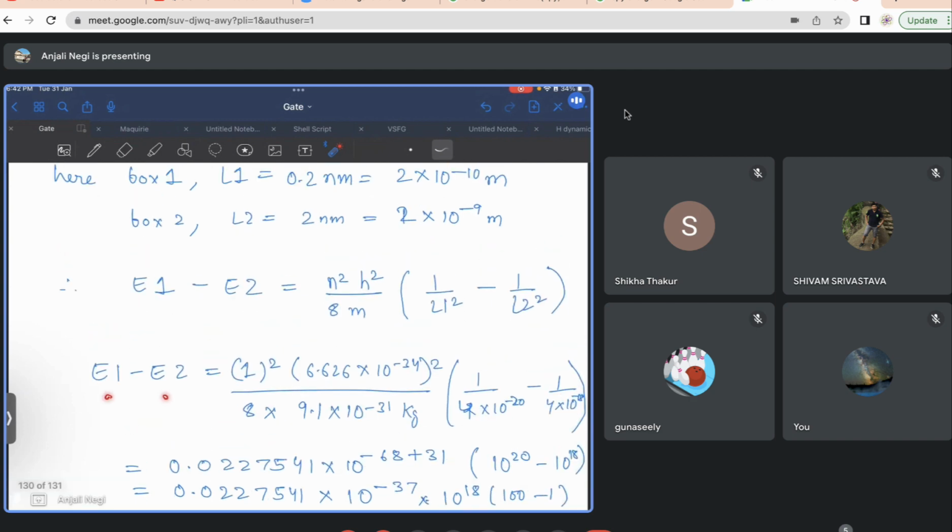So E1 minus E2, just put in the values: Planck's constant, 8 into 9.1 into 10 to the power minus 31, and the two lengths. While I was calculating, I think I didn't take the square of Planck's constant, so I will calculate it right now.